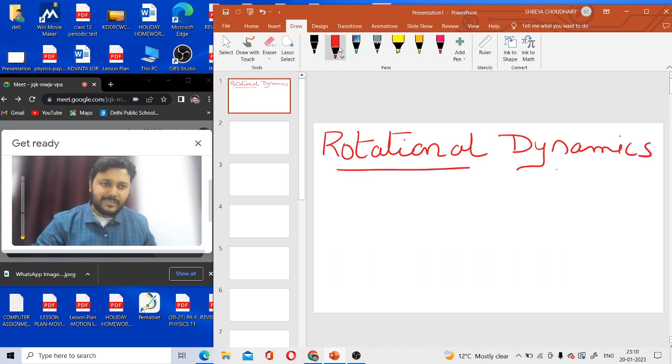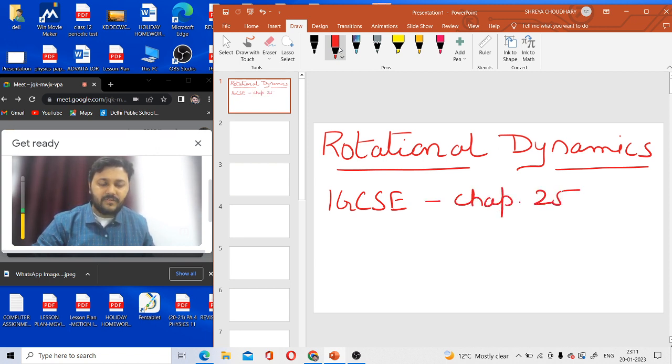This is chapter number 25 of IGCSE, Section 4, A level.